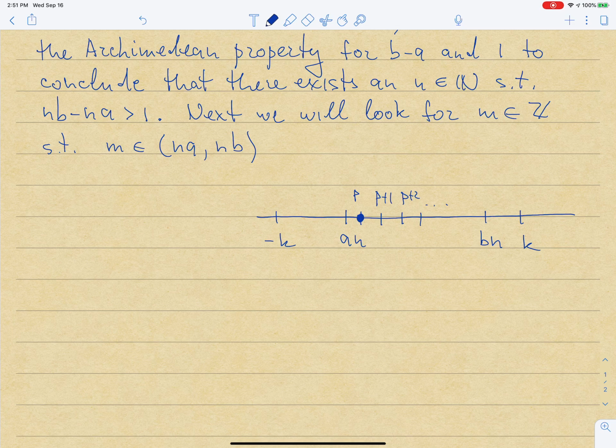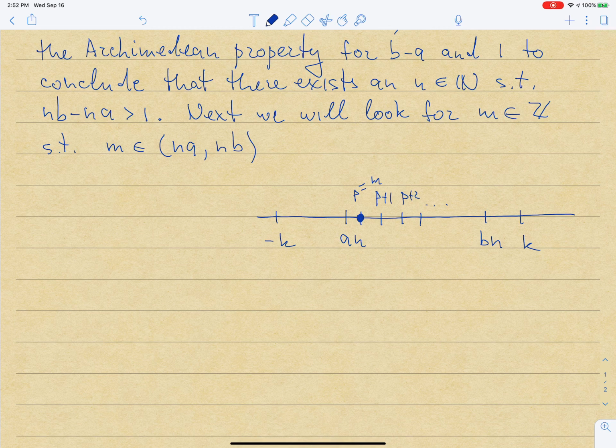So p must be less than bn. So again, consider all integers between minus k and k, and then pick only those integers which are bigger than an. And then choose the smallest out of those, and that smallest number is going to be your m.